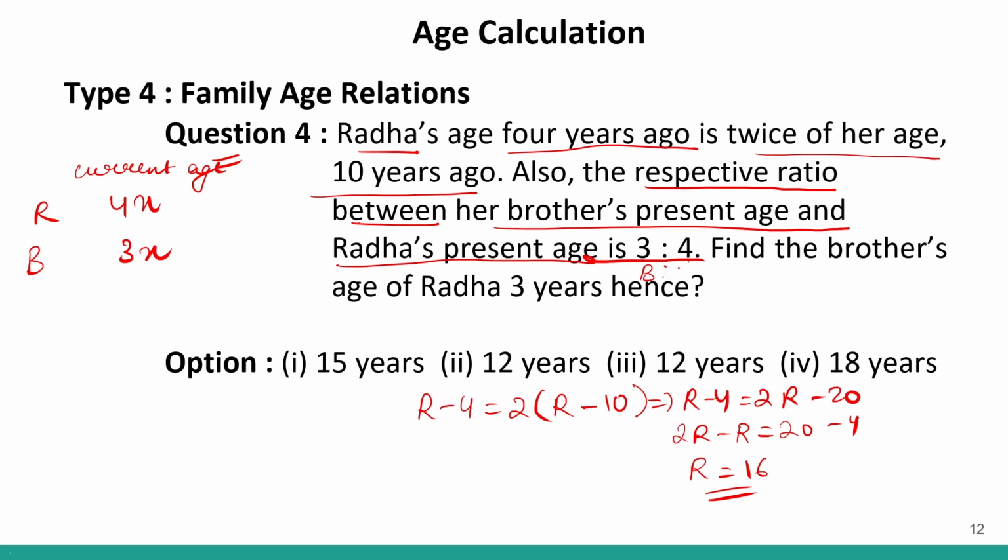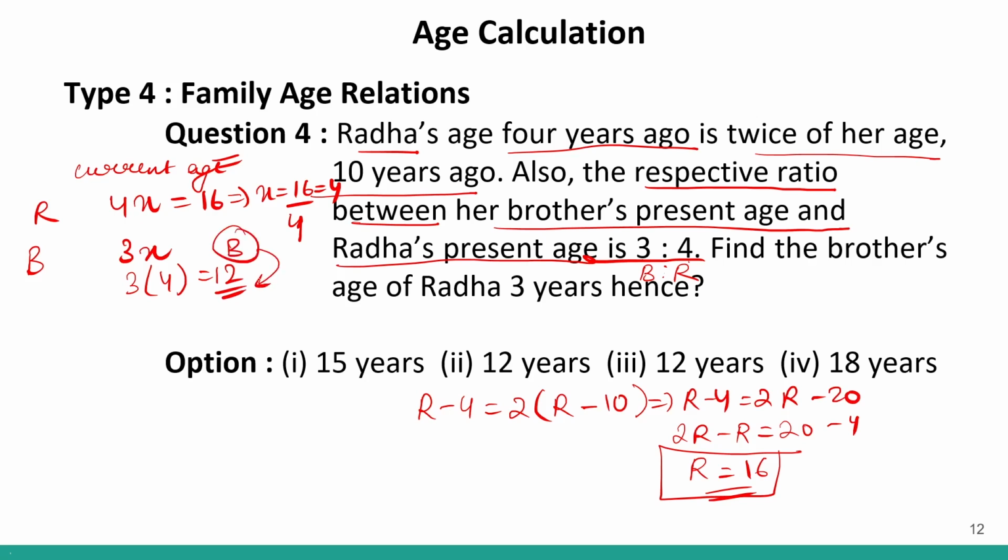So Radha's present age is also 16, which we found with the first sentence. So 4x will be equal to 16, so x will be 16 by 4, which is 4. Correct? The x value will be 4. So if I put the value of x over here, 3 into 4 will be 12. So the brother's present age will be 12 years old.